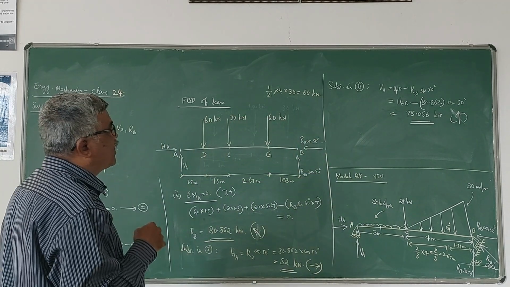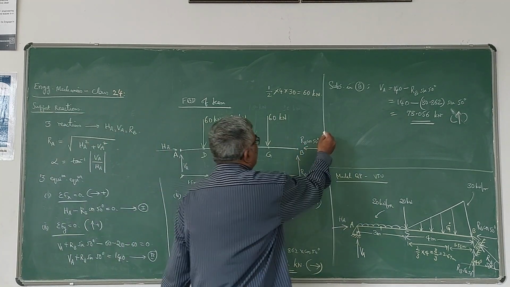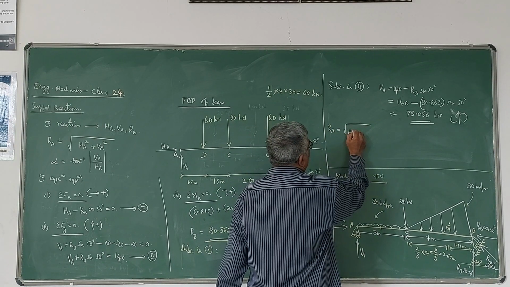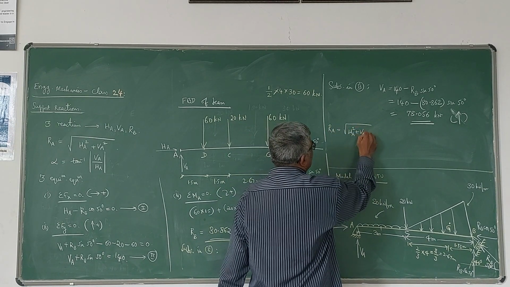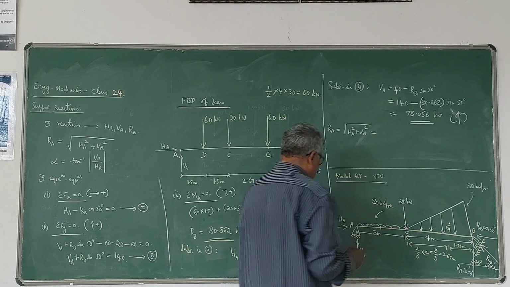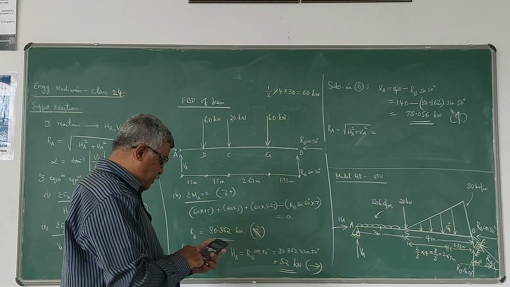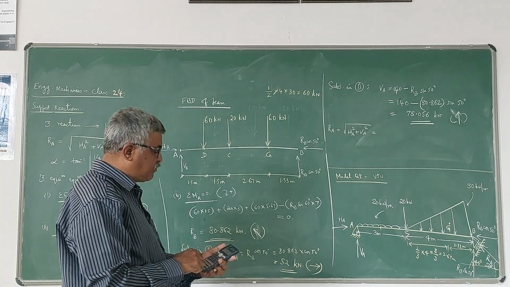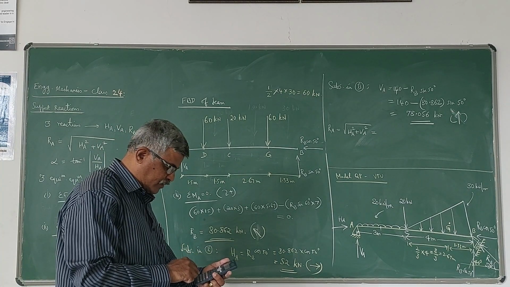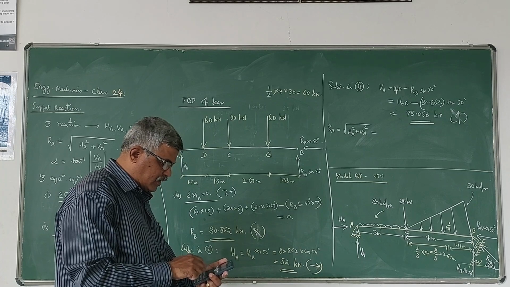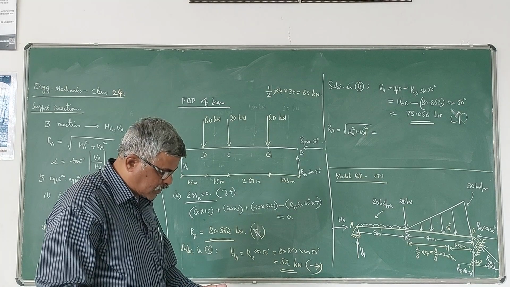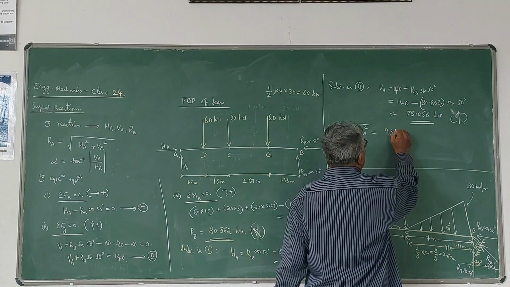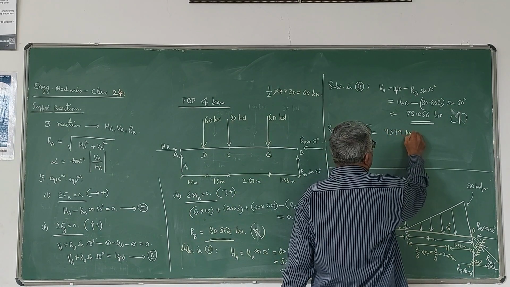Now once you get VA and HA, you can find the resultant reaction RA using the root of HA square plus VA square, which comes out to be 52 square plus 78.056 square under root, so 93.79 kilonewton.